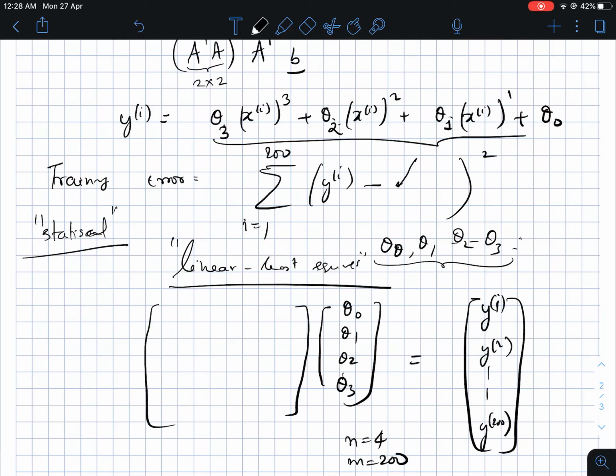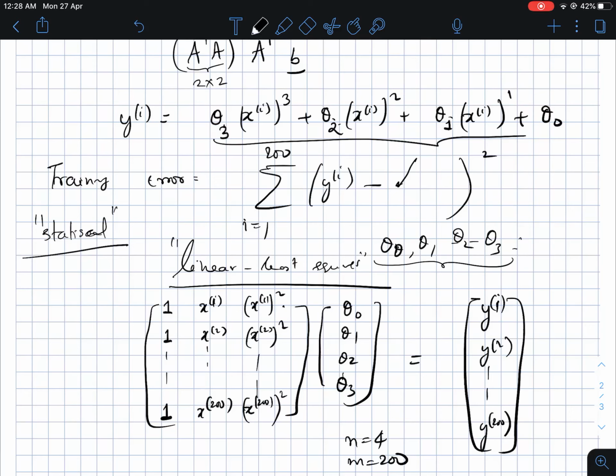And what are the columns going to be? You can see theta naught always appears with a 1, so the first column is going to be all ones. It's a different order from the previous example, that's why you see a different order here. It's not very different. The second column is going to be all x's. The third column is going to be the squares, x1 square up to x200 square.